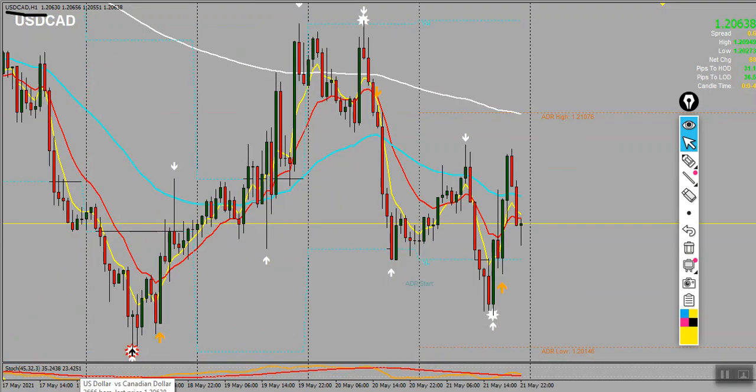Moving on to USD CAD, H1 time frame. We have a W pattern there. Just use a dark color so that you can see what I see.